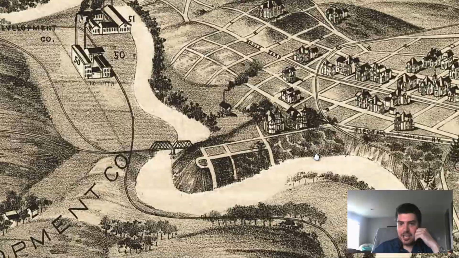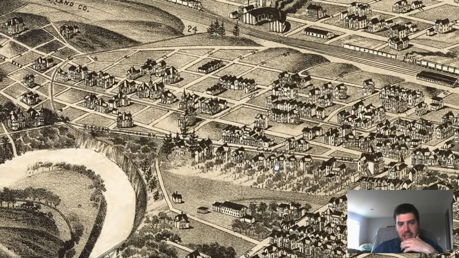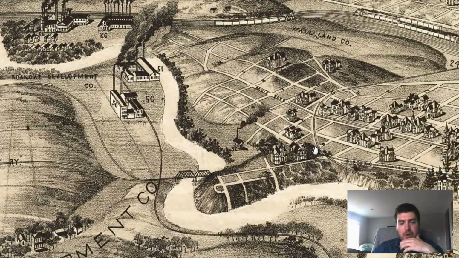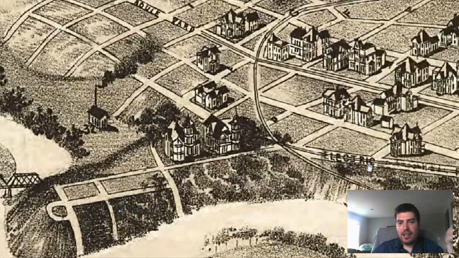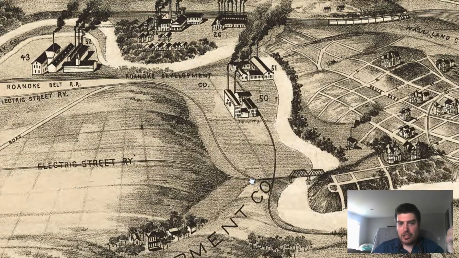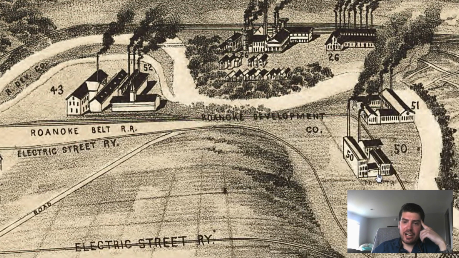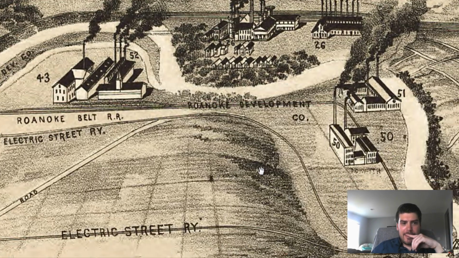Yeah, this is an electric rail car running along Campbell Ave in Roanoke. And it went all the way, I want to say, yeah, it went across this bridge. It went all the way to the factories. Over here, carriage companies, ironworks. Over here, the hardware. That's interesting.